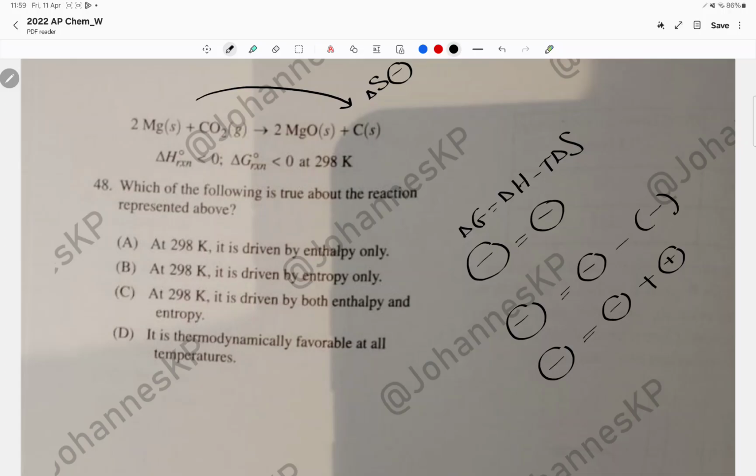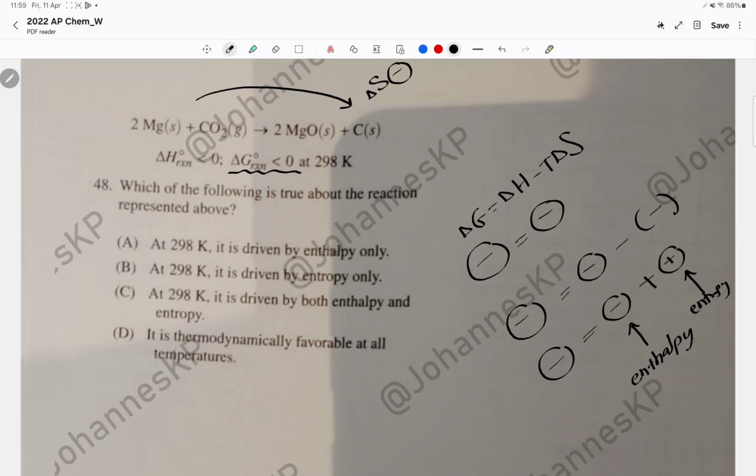Ultimately, delta S is not going to help us get a negative delta G. It's the delta H that's going to help us get a negative delta G. Which is D? No, it's only entropy. I mean only enthalpy. Sorry, C. Entropy is actually going to make delta G positive. So only enthalpy is making the reaction favorable.